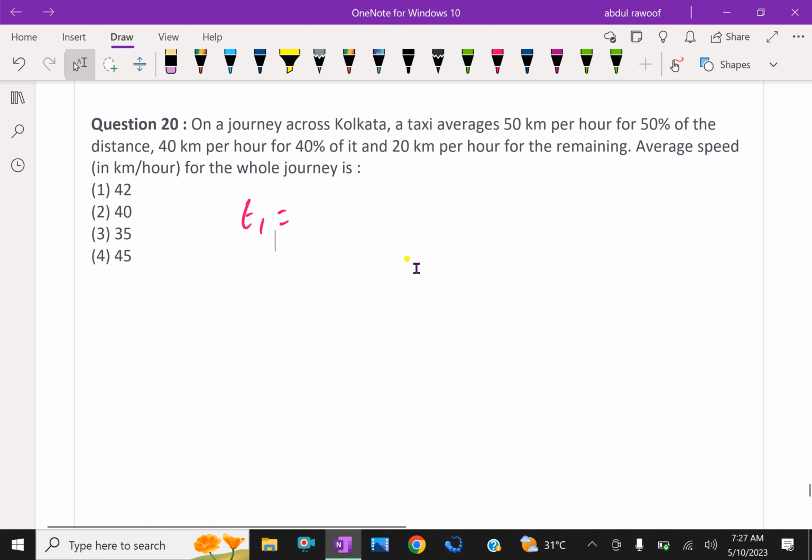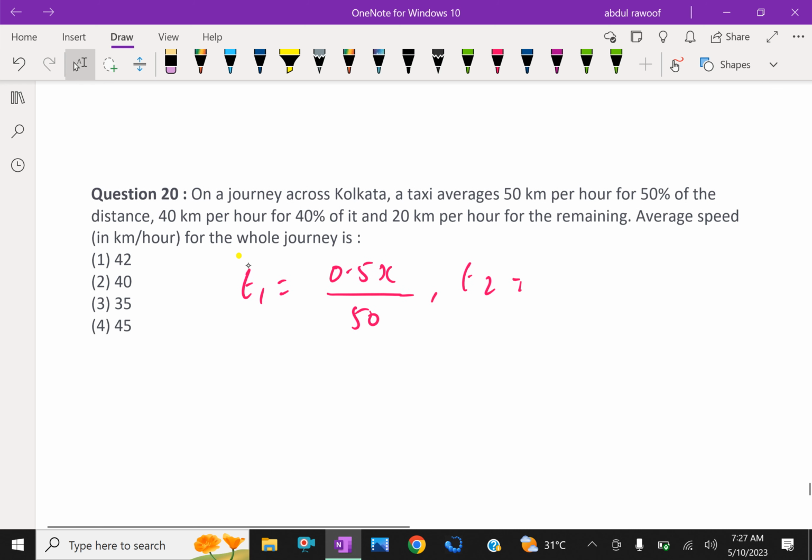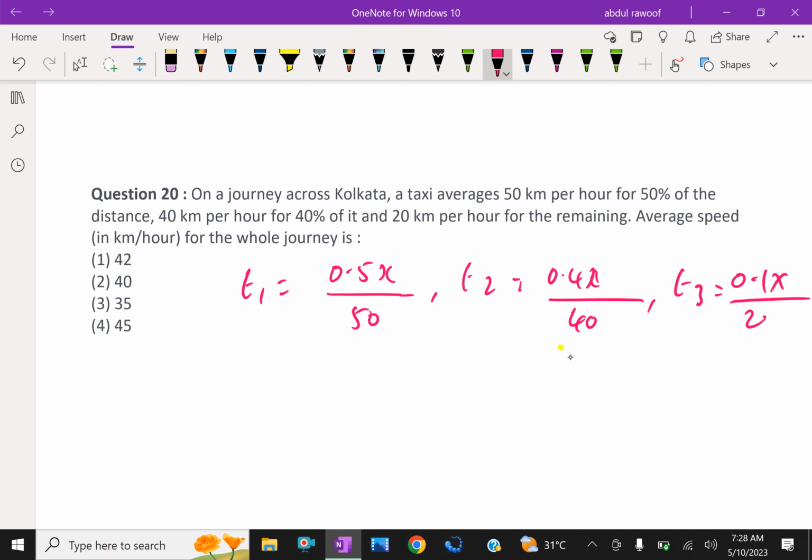Time t1 is 0.5x by 50 kilometer per hour. The t2, second speed is 40 kilometer per hour for 40%, that is 0.4x by 40. The t3, third distance is remaining: 0.5x plus 0.4x, remaining is 0.1x at the speed of 20 kilometer per hour.